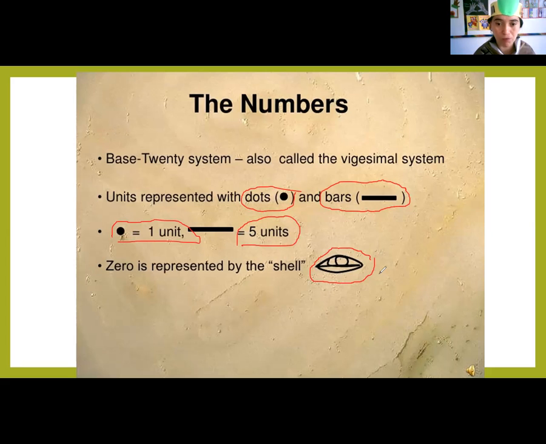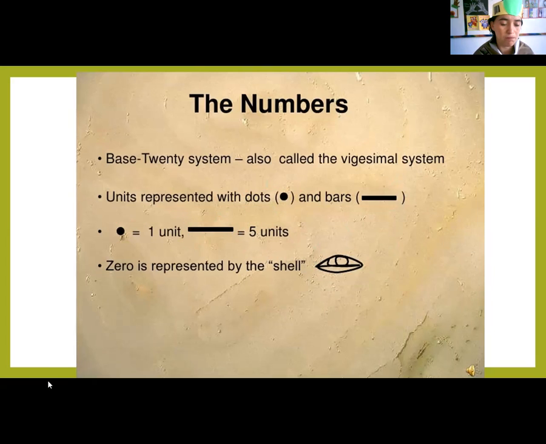The dot is going to be 1 unit, and the bar is going to be 5 units. But remember, they base their system on 20. I'm going to explain later how the system by 20 works. Right now we're going to show the numbers of the Maya system.